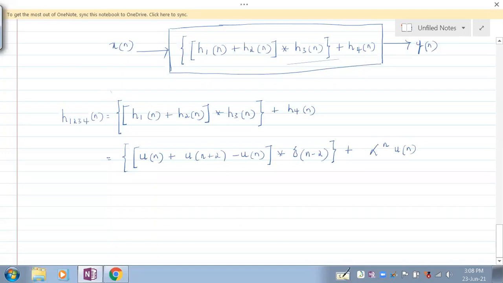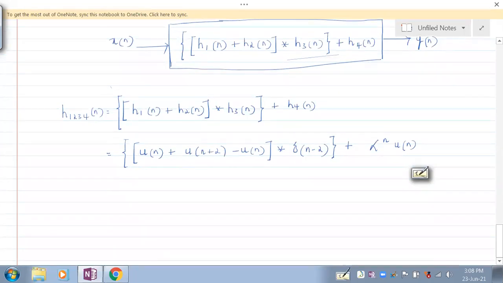Now see here, you have u of n and minus u of n, plus u of n and minus u of n within this bracket. So these two will vanish, right? So you will be left with u of n plus 2 convolved with delta of n minus 2.